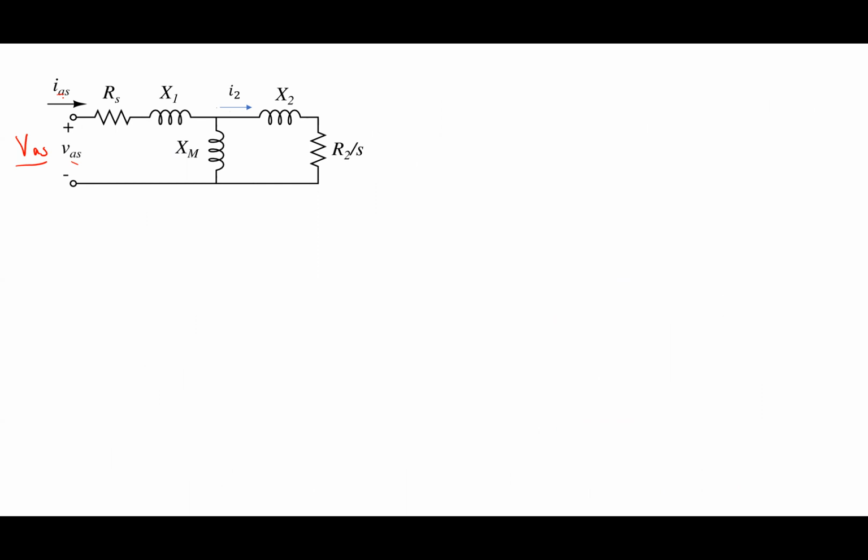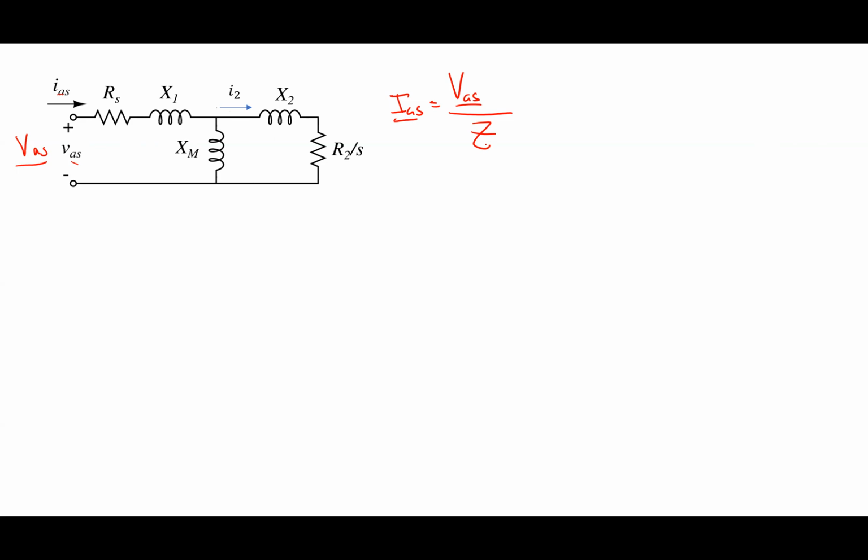When I write capital letters, that's for phasor quantities. I want to figure out what I2 is, but getting IAS is a lot easier. IAS should be simply VAS divided by Z, where Z is the total impedance of that whole circuit.